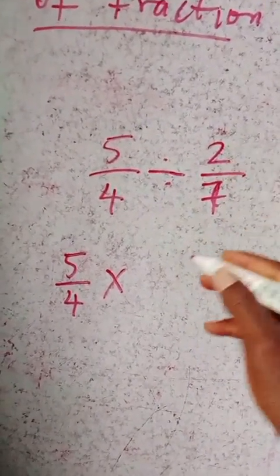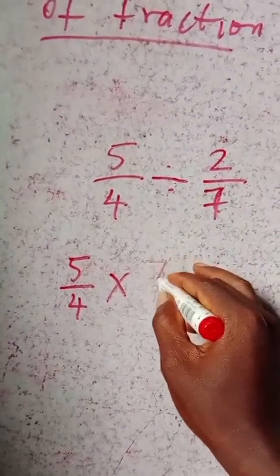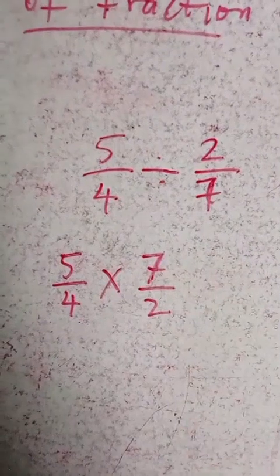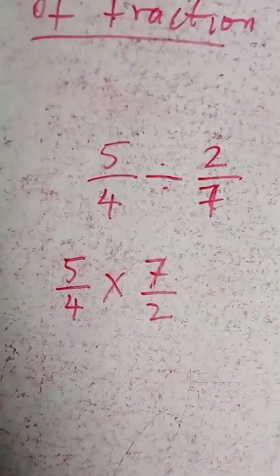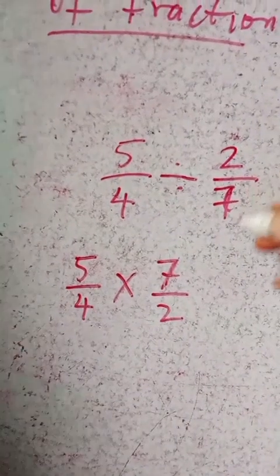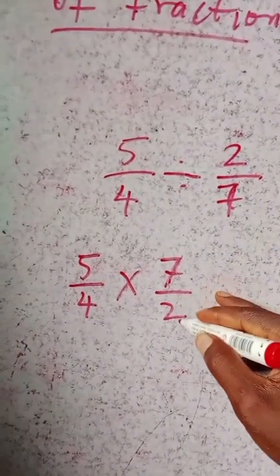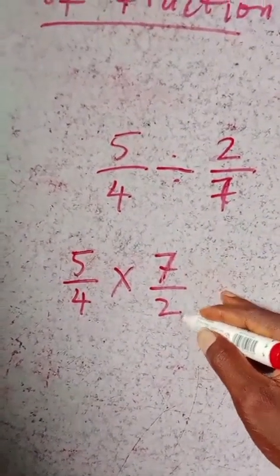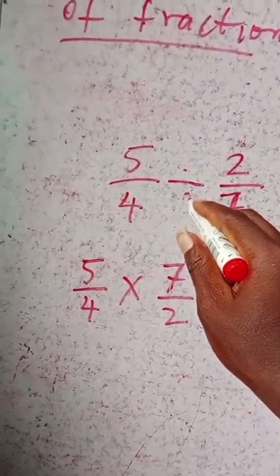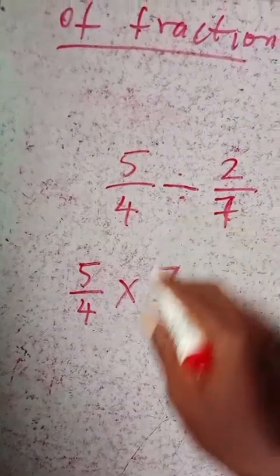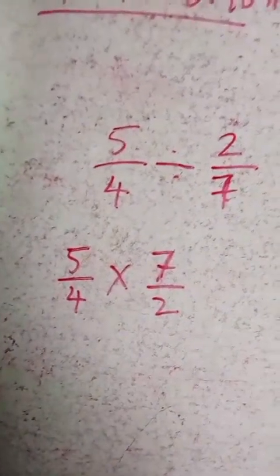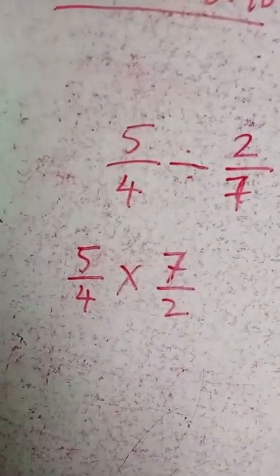The inverse of 2 over 7 will be 7 over 2. So 2 over 7 now changes to 7 over 2, because of the effect of the division changing to multiplication. That is the rule. It's simple.